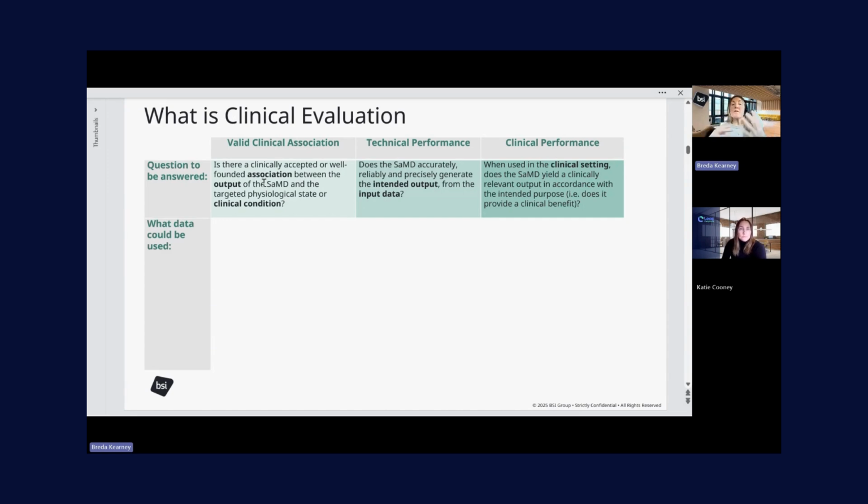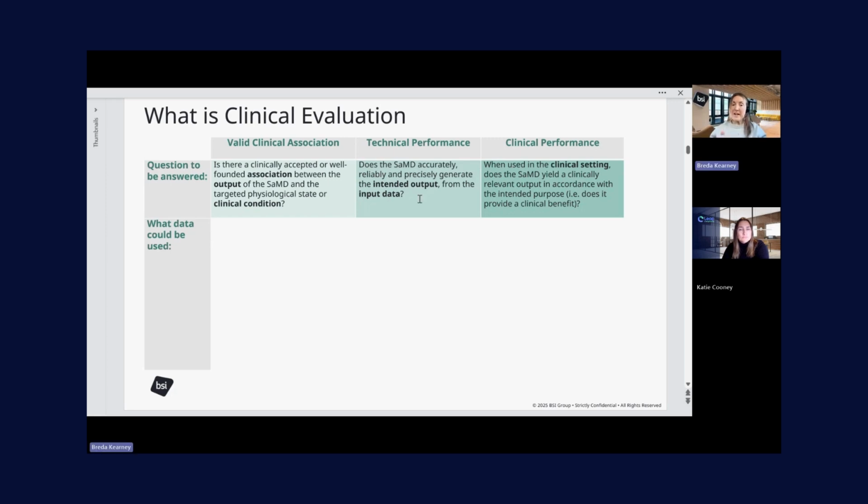So in other words, whatever your software is actually reporting, so the output, is that actually clinically relevant? That's what you're trying to find out. That's what the valid clinical association means, that the output, so what I'm reporting on, is clinically relevant.